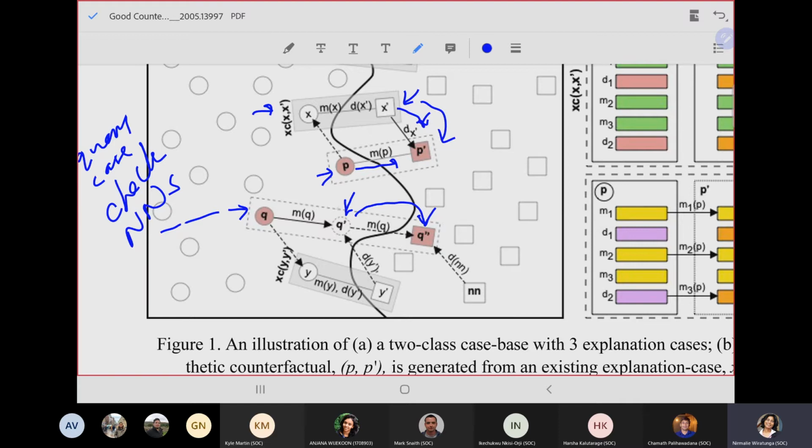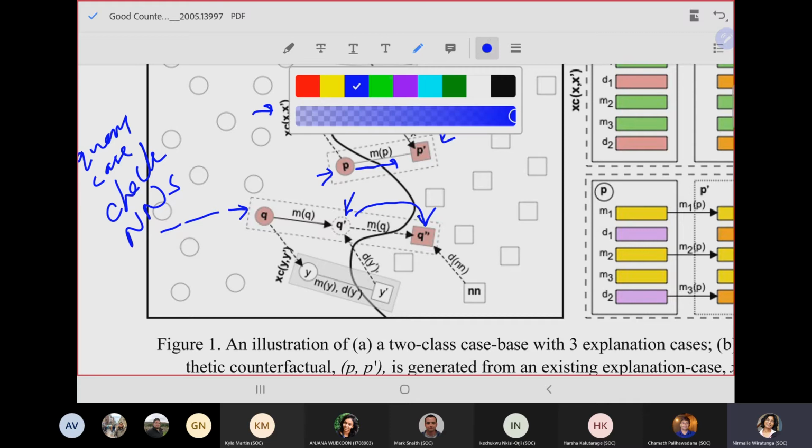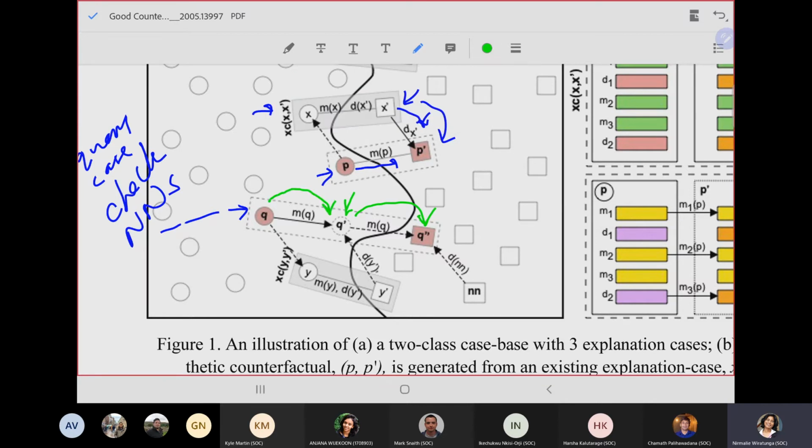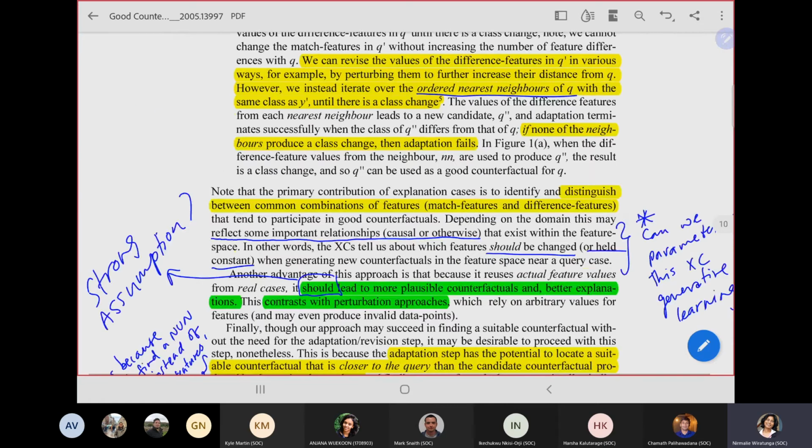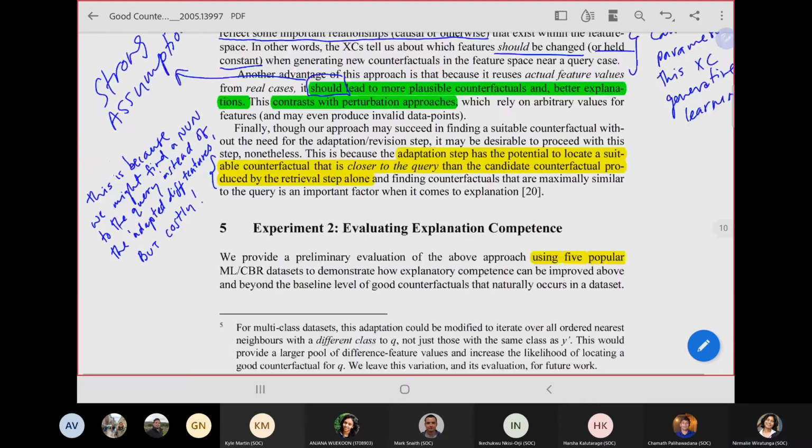So moving from here to here is retrieval, then moving from here to this part is called adaptation. So they have two different steps with which they can evaluate the goodness of their method, and that we see in their evaluation results here.